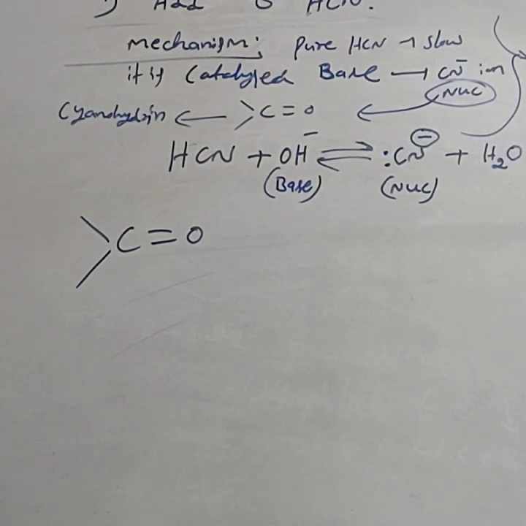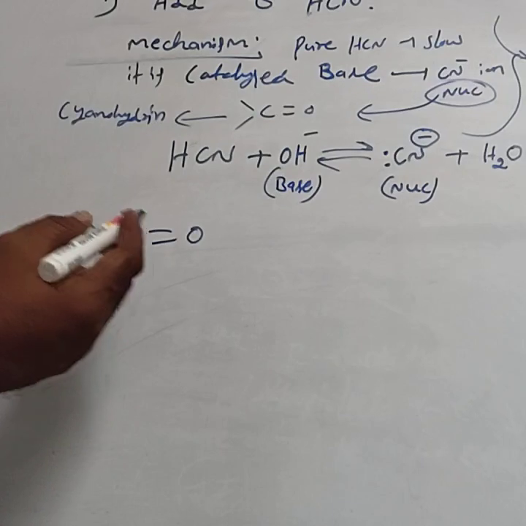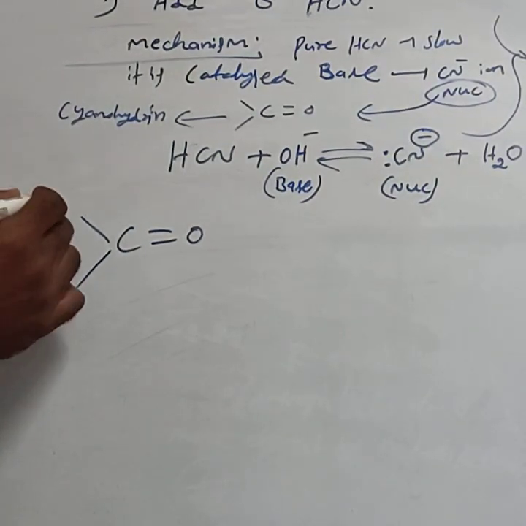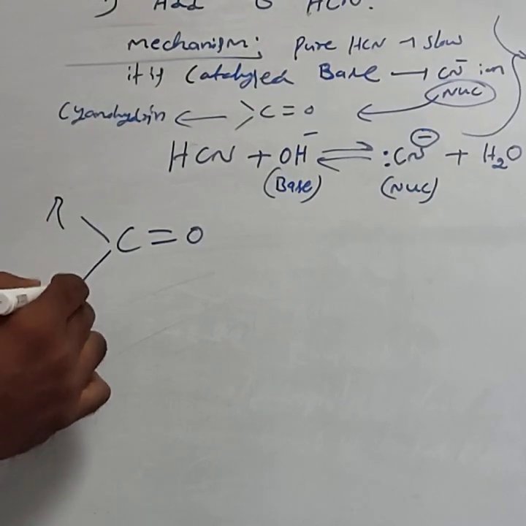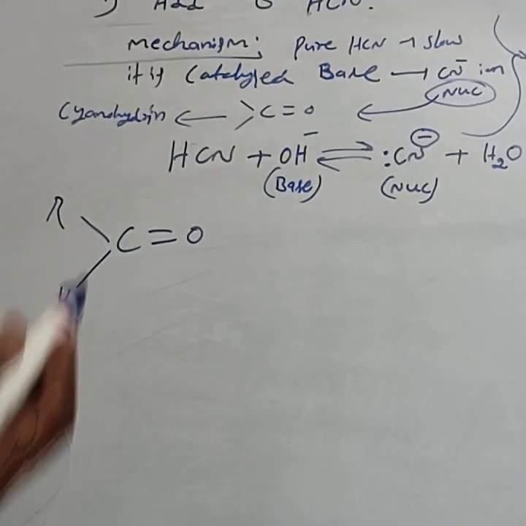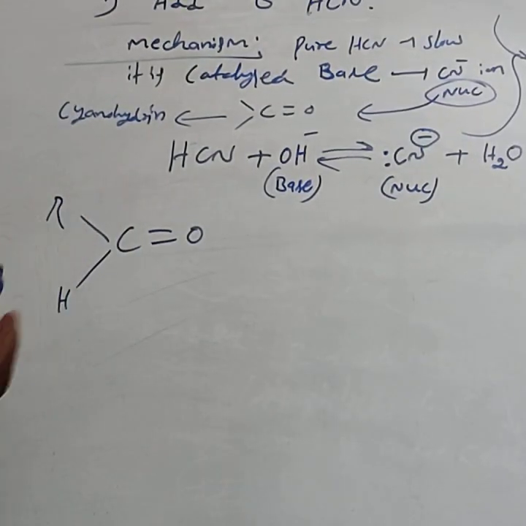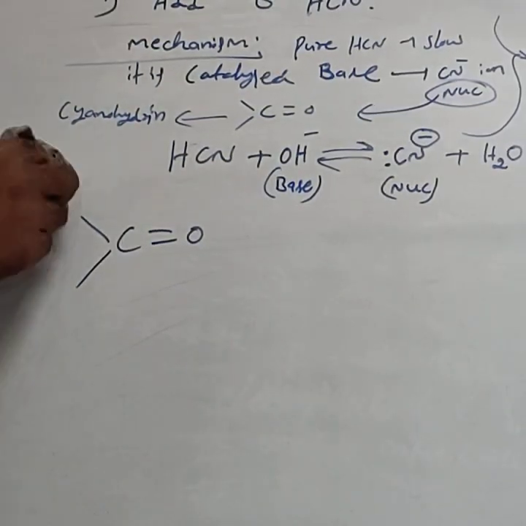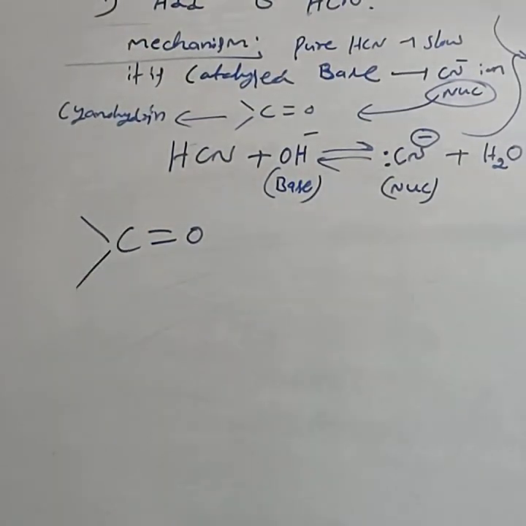If they ask for the mechanism of addition of HCN to aldehyde, then you replace one valency by R and the other valency by H. If they consider a ketone, then the other valency is also an R group. If they just mention a carbonyl compound, then you consider just the carbonyl group.